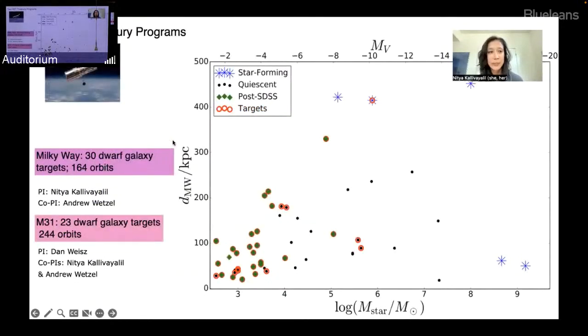I'll also be talking a little bit about two HST treasury programs that are focused on all of the dwarf galaxies associated with the Milky Way and Andromeda. So this is about 400 orbits in total. Here, I'm just showing you a plot made by Eric Tollerud, focusing on the Milky Way sample, with distance, luminosity, and mass on the x-axis.